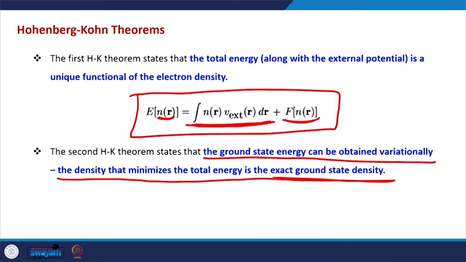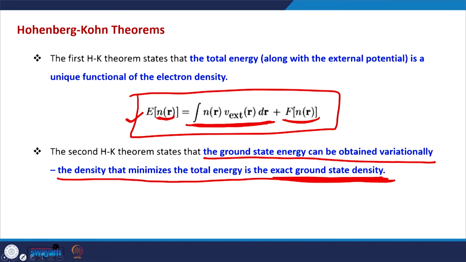So what it says is that we need to find out the electron density function n(r), and we need to find that electron density which minimizes the total energy function, and that will be the ground state electron density function.